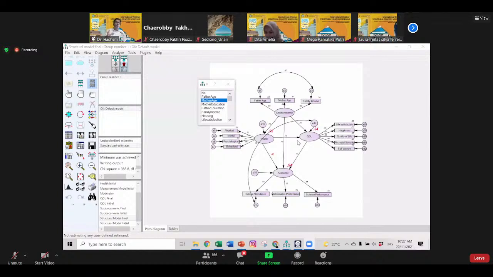So moreover, you have to learn Amos, and improve your knowledge of how to interpret your model, right?